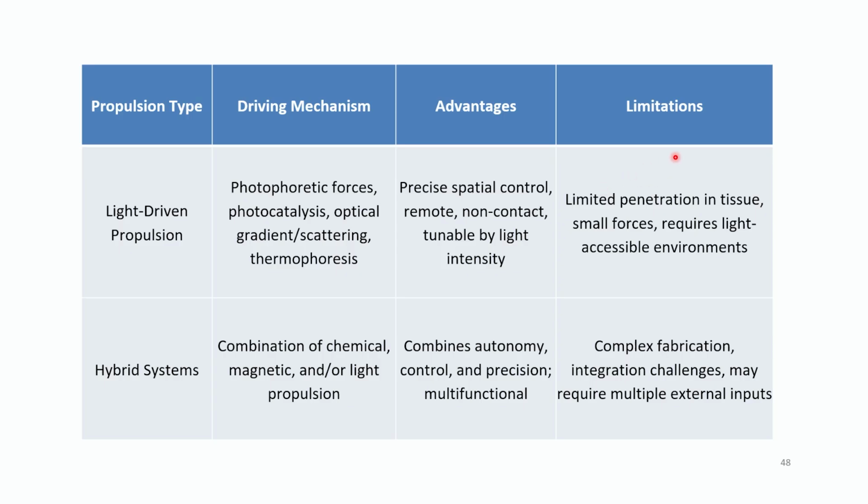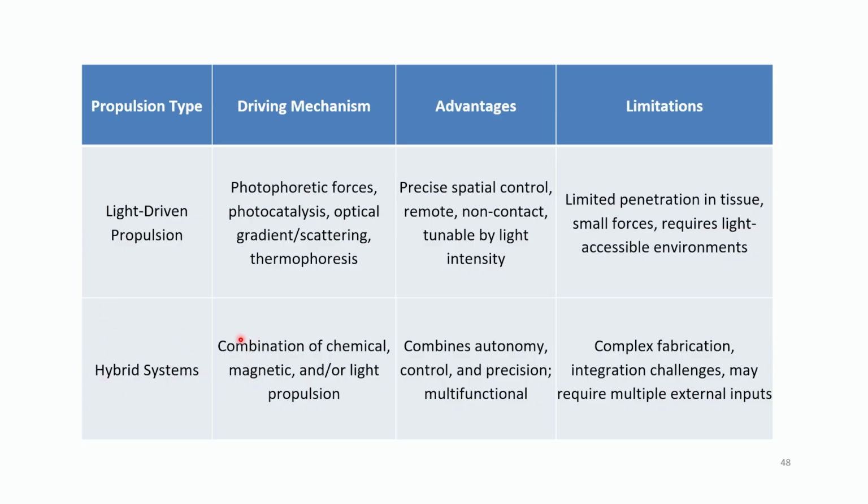It is not going to penetrate your tissue very deeply, so it will be useful for surface functions only. The force is also small, so the thrust generated will be small, and it requires a light accessible environment. It will only function as far as light can reach. So that is the limitation of light driven propulsion.